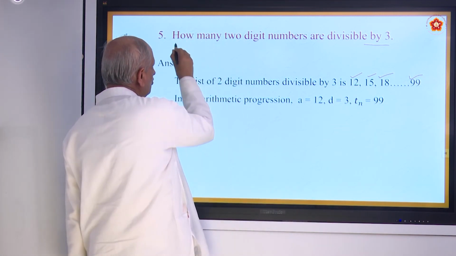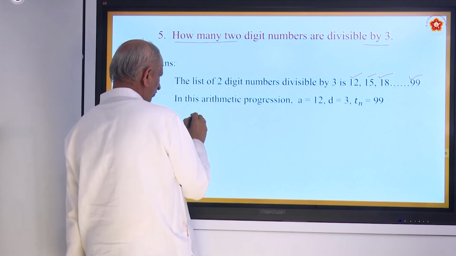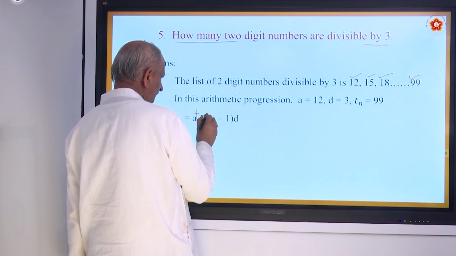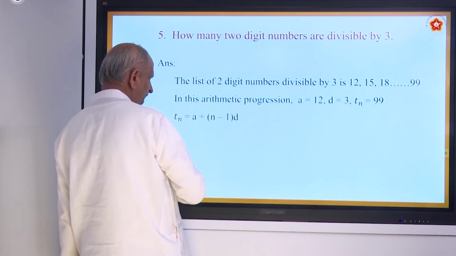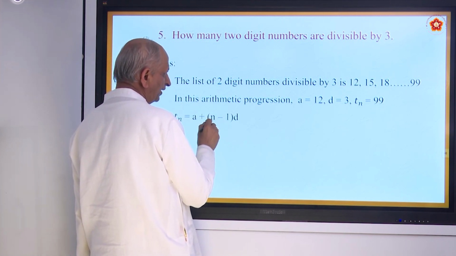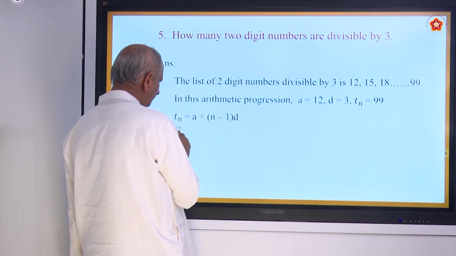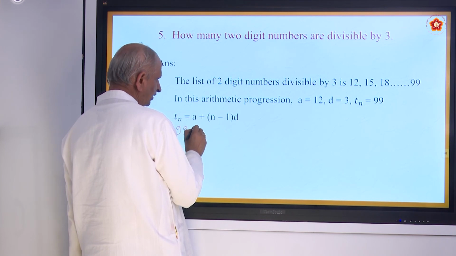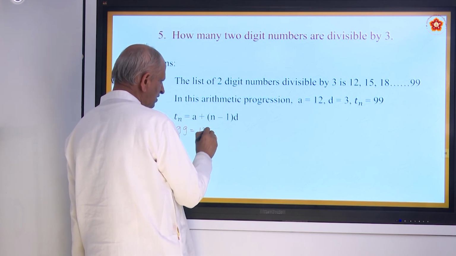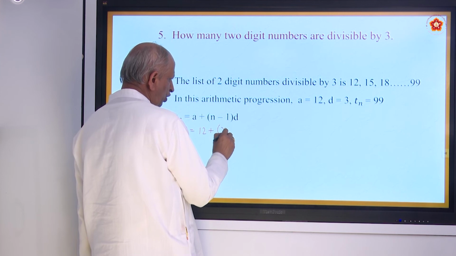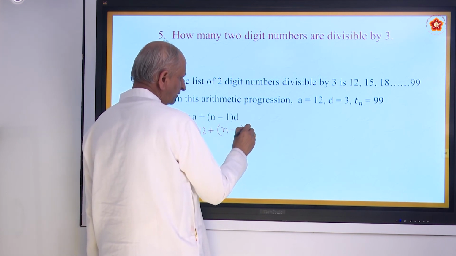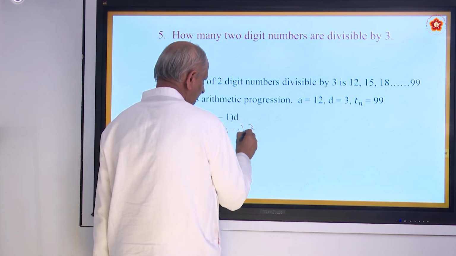They are asking how many terms. So, what is the formula? Tn is equal to a plus n minus 1 into d. So, Tn is 99 is equal to a is 12, n you do not know, d is how much? d is 3.